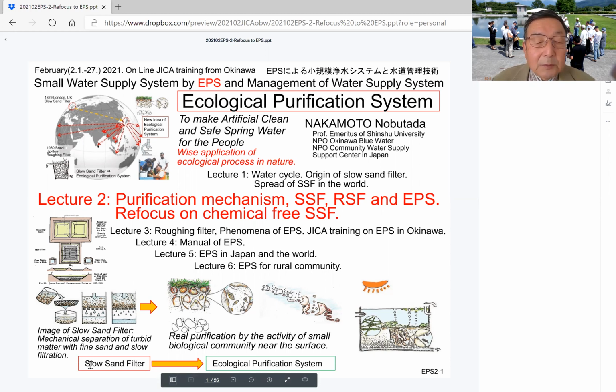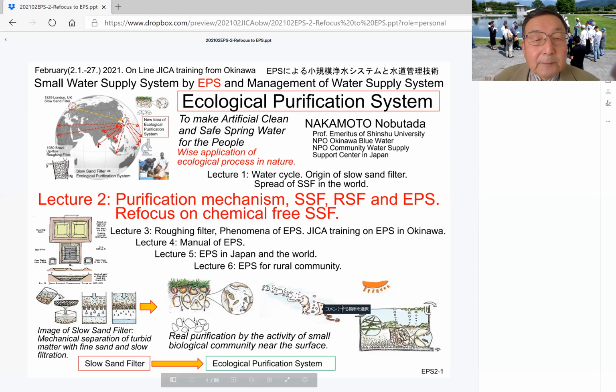Therefore they called it the slow sand filter. But the real purification mechanism is the activity of small organisms, a small biological community near the sand surface. That is related to solar radiation and temperature.